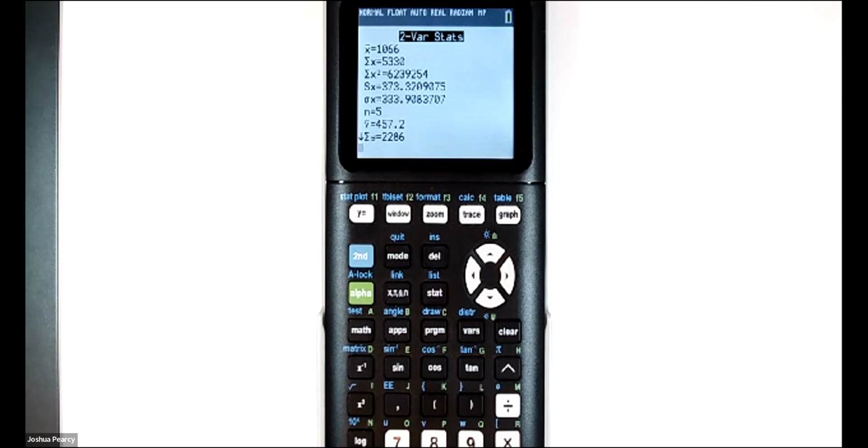So for all the X stuff, that's the first column. That means the sample mean height for the waterfalls in Europe is 1056. So we have X1 bar is equal to 1056. And S1, the sample standard deviation for the first one, is 373.321.